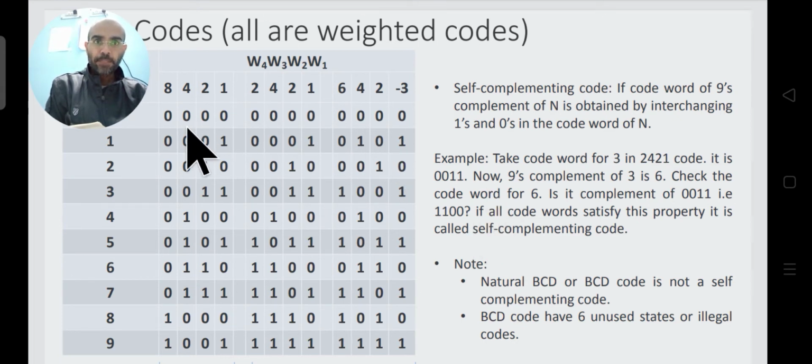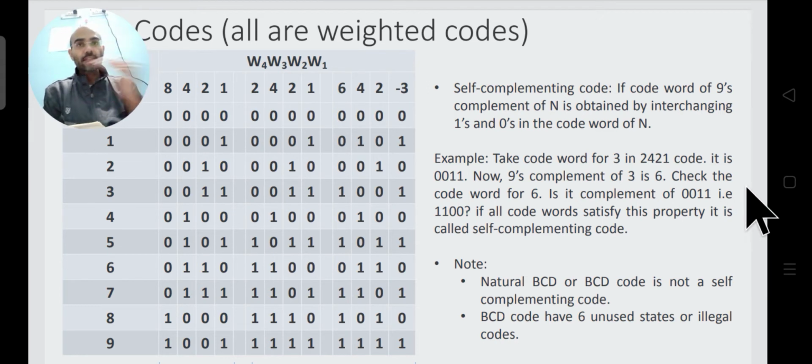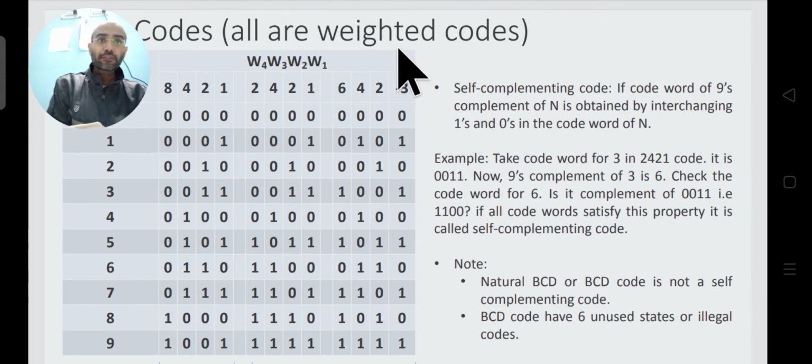Now, while doing the classifications, we saw that apart from the weighted codes, BCD codes are the examples of weighted codes. Apart from weighted codes, there is another classification which is called self-complementing code. A code is called self-complementing if the code word satisfies what?